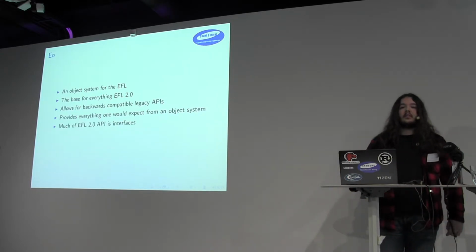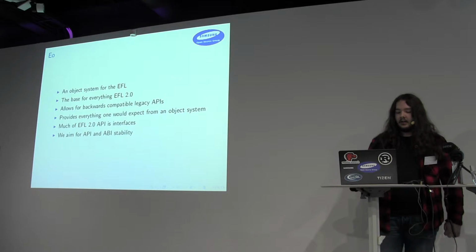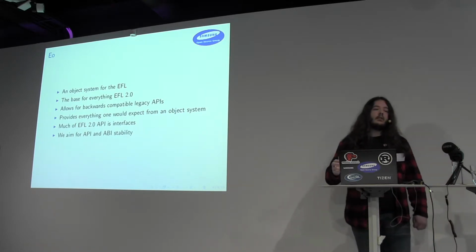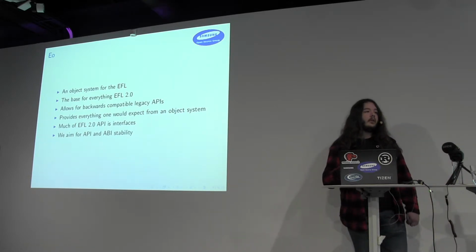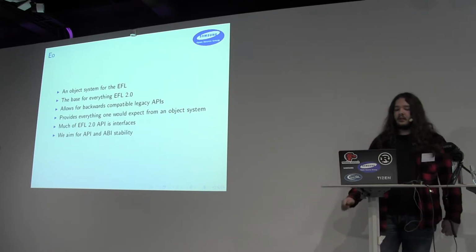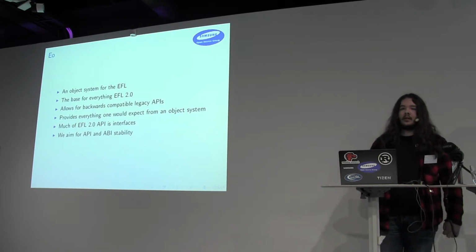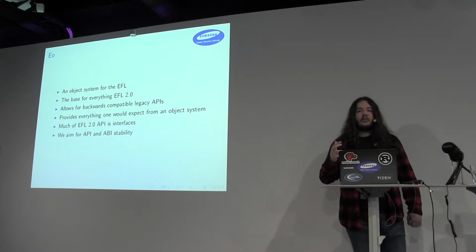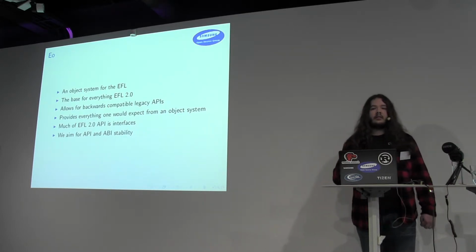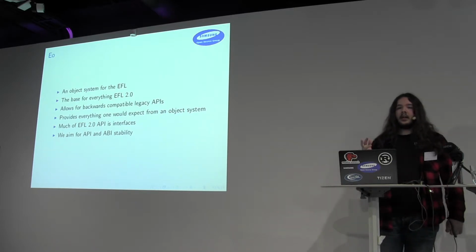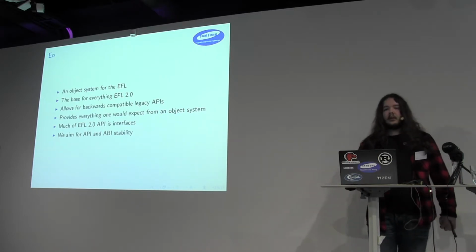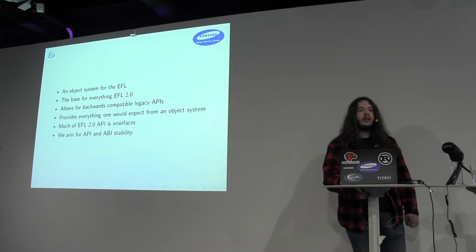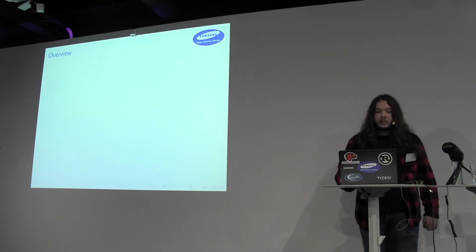Much of the EFL 2.0 APIs is actually interfaces, which you can implement on your own stuff, and it's all done in C. And what we aim for and how we differ from other such systems is that we aim for both API and ABI stability. So you can introduce new methods into your Eo classes without actually breaking anything, which is very unlike some other systems do.